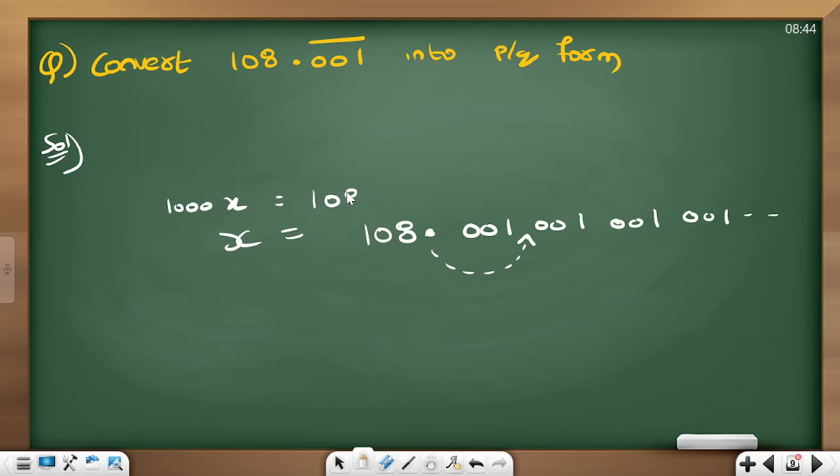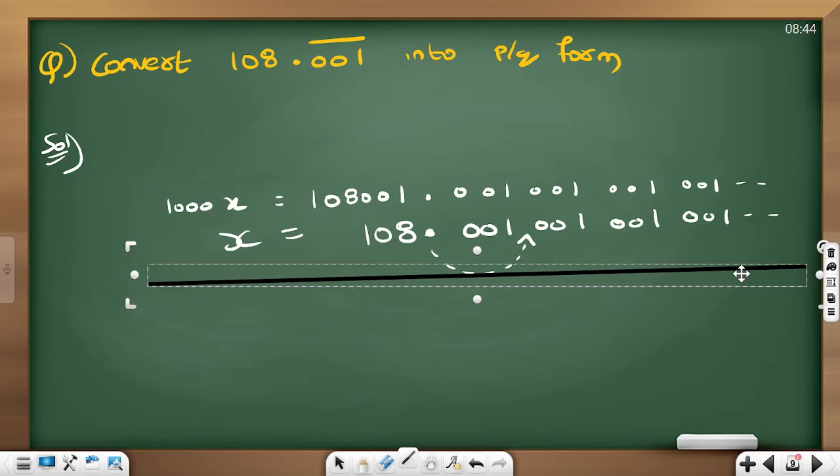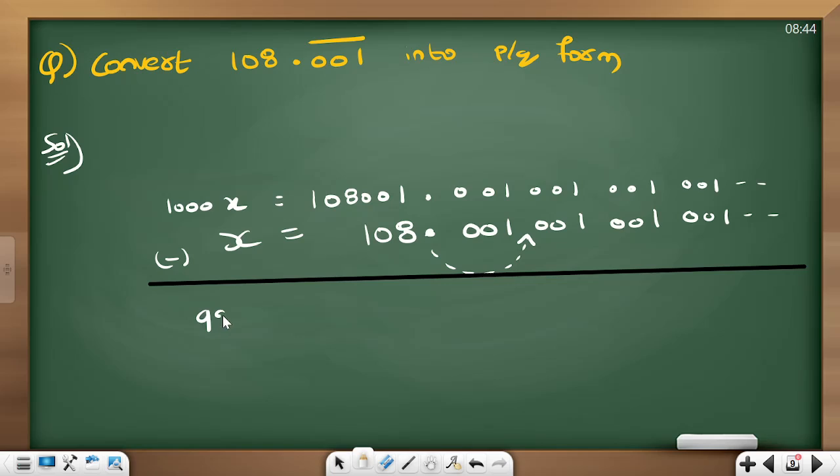Then it is going to become 108001.001001 and so on. Now you can easily subtract. When you subtract, you will get 999x is equal to 108,000.